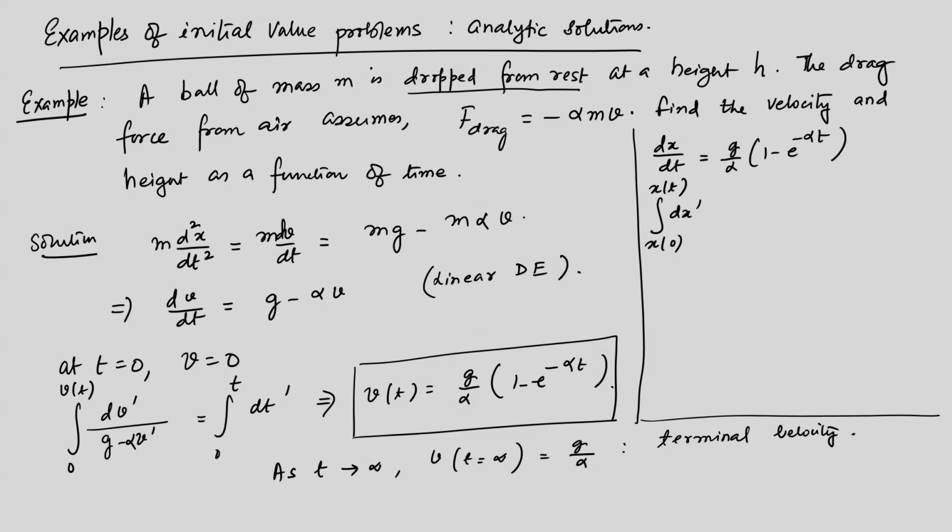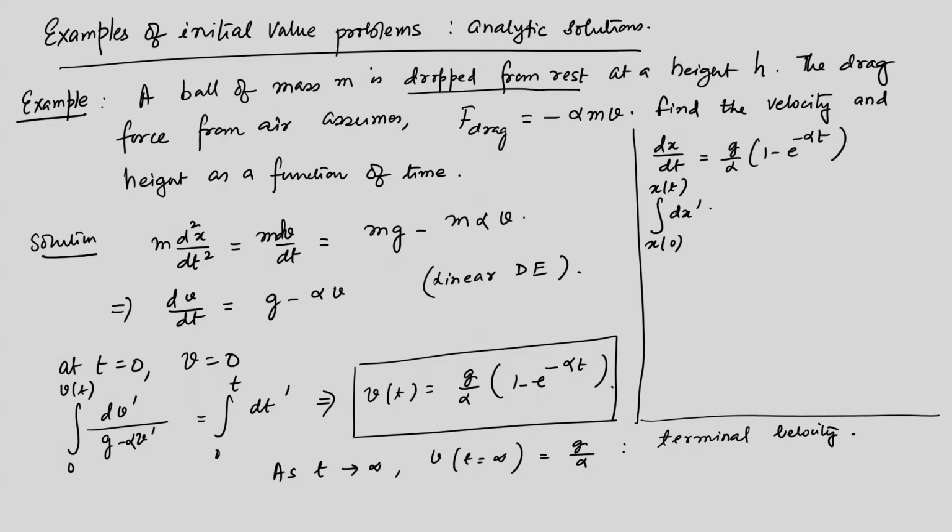Understanding that x is the vertical distance that the body travels under the gravitational field and the drag force of the air, this is equal to g over alpha, which is a constant, times 1 minus exponential of minus alpha t prime dt prime, and then we are integrating from 0 to t. So, this t is of course a variable, and then we can integrate this equation.